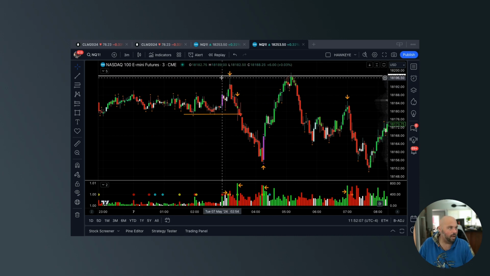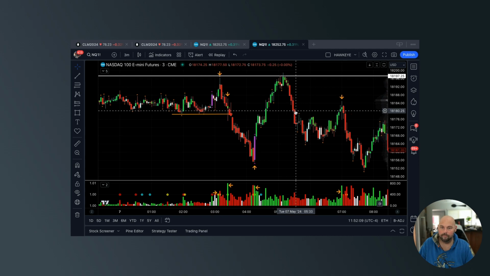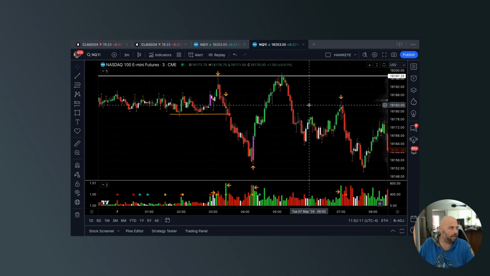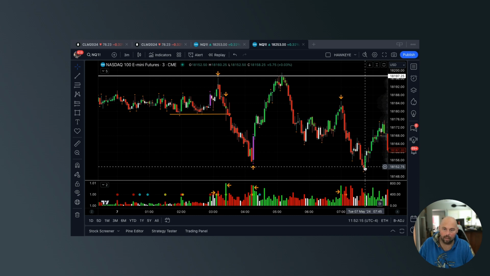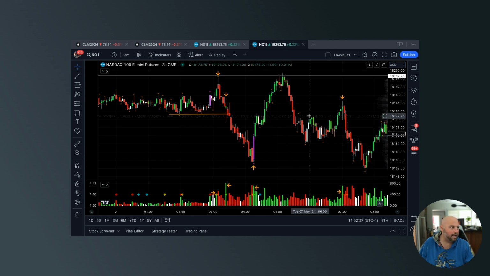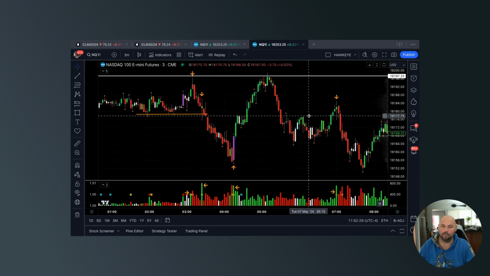We failed twice to go higher. There's a better than not chance that we're going to pull back again. And by just putting that context together with what the price action's telling you and what the volume is confirming, you can easily maneuver the ups and the downs of what the market's doing.